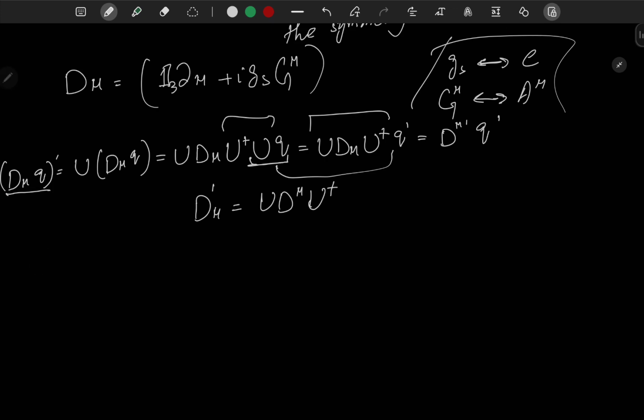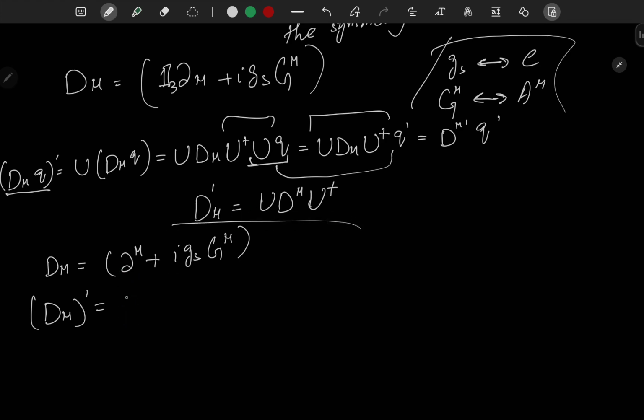So I'm going to write D mu is equal to, and now if we write its transformed version, using this thing right here, we can write it like this.